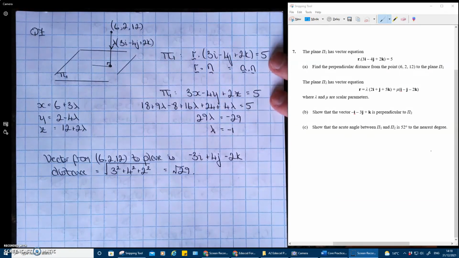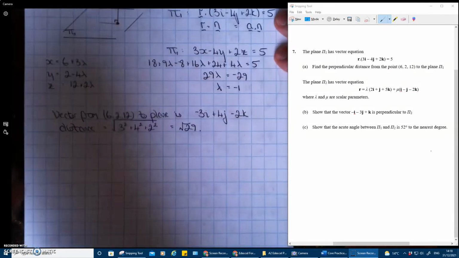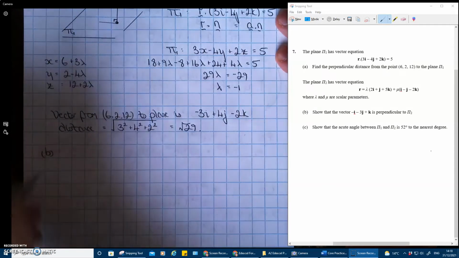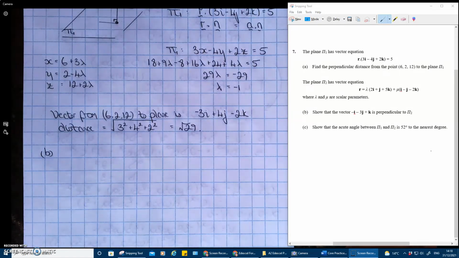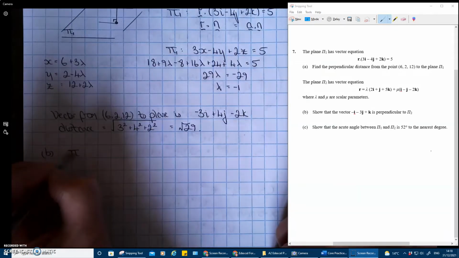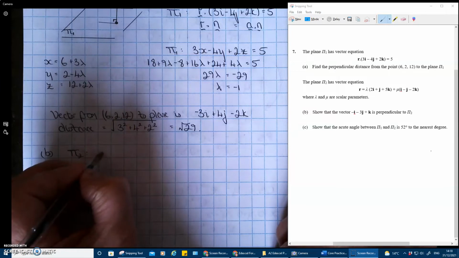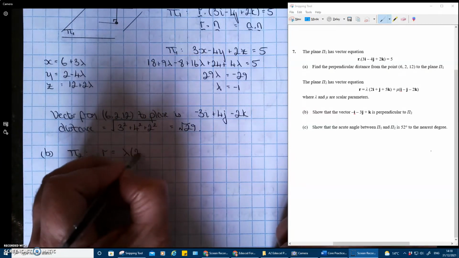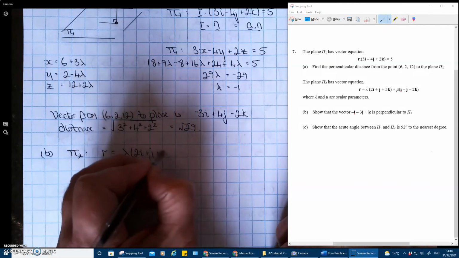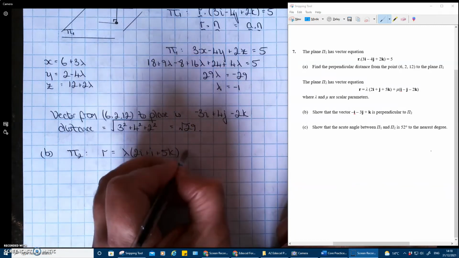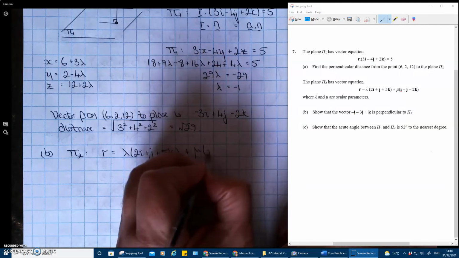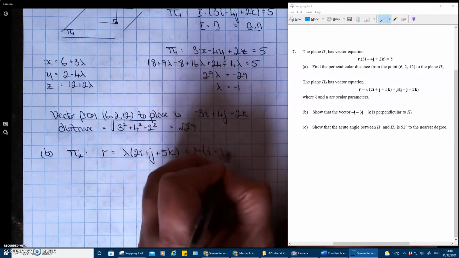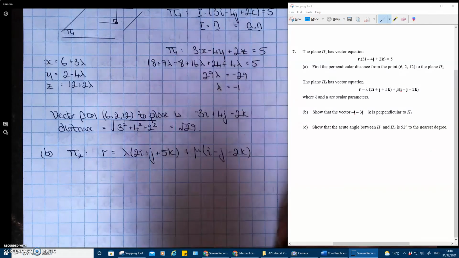Part B, let's move the paper up a bit. Part B. Show that that vector is perpendicular to pi2. I've got pi2, okay. So pi2 is such that r is some multiple of 2i plus j plus 5k plus some multiple of i minus j minus 2k.